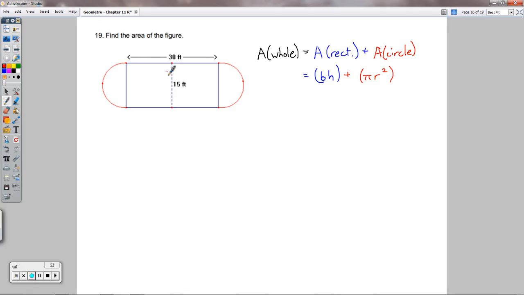So it looks like it's 30 all the way across here. It's 15 going this way. So that means the radius from here to here would be half of that, 7.5 feet. So for your rectangle, you got a 30 by 15 rectangle, so 30 times 15. And for the circle, you've got pi times 7.5 squared.